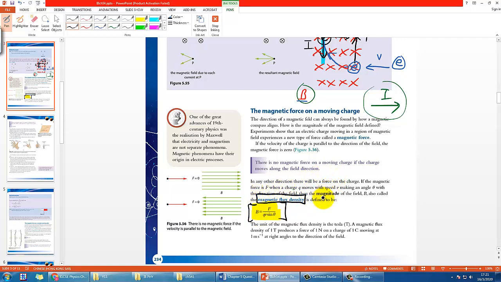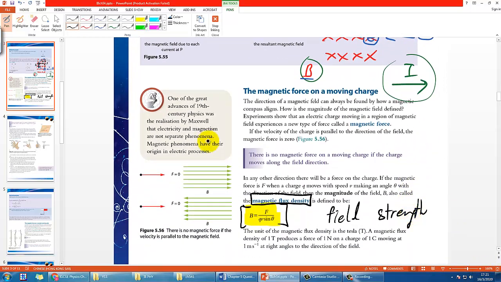You could also call it magnetic field strength, like how strong the magnetic field is. As you can see from the equation, B is equal to F over QV times sine theta. First of all, Q over here, maybe let me zoom in.